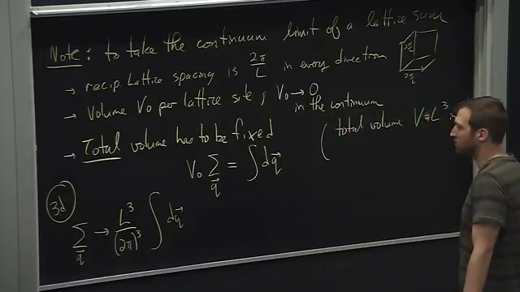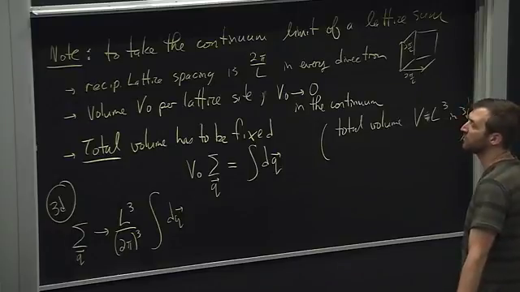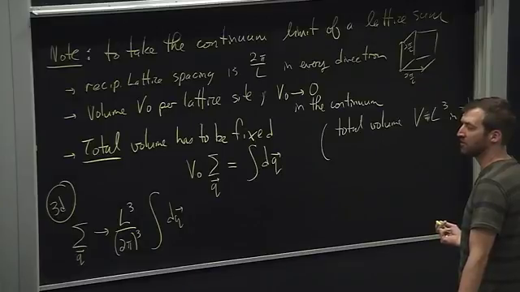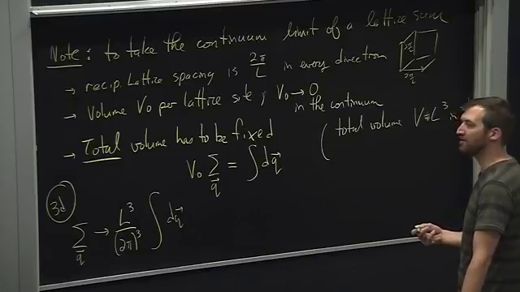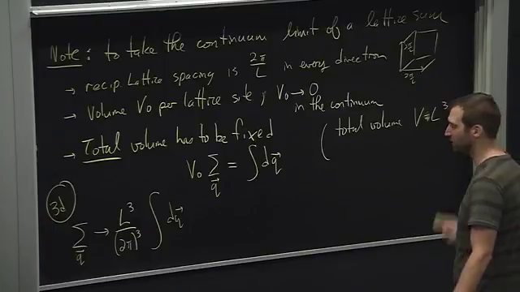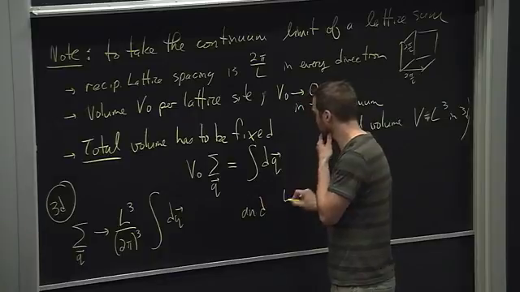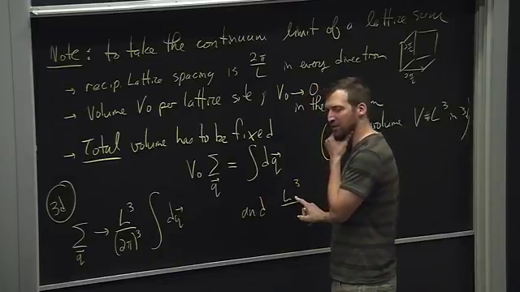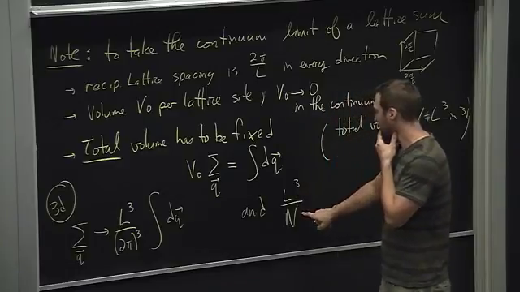Anything else I have to know? There's an n, right? So there's a number of lattice points. So L cubed over n is just A cubed. No, sorry, n is the number of lattice points you have.